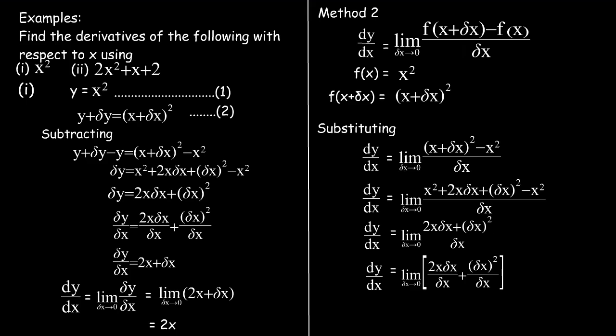So we are left with the limiting value of 2s plus delta s as delta s tends to 0. As delta s tends to 0, delta s will be equal to 0, so delta s will cancel out and we are left with dy over ds equals 2s.